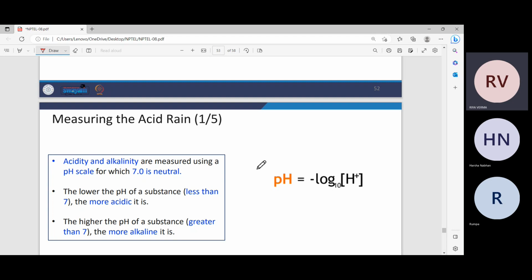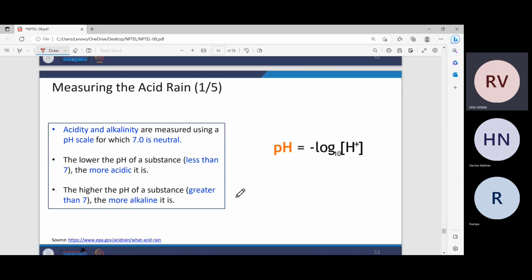The lower the pH of a substance, like 1, 2, 3, the more acidic it is. The higher the pH, like 12, 13, 14, the more alkaline or basic that substance is. This is how we measure the pH of any substance.